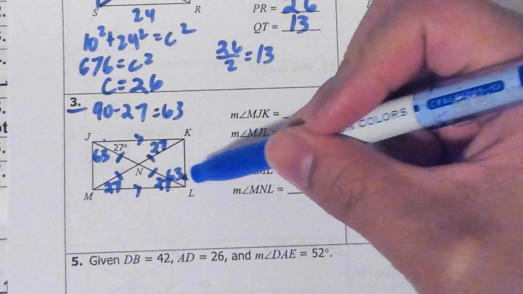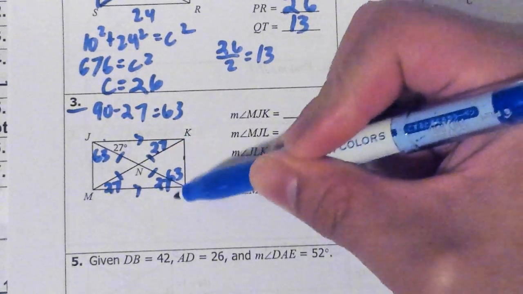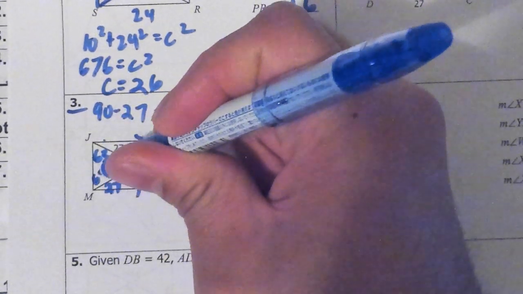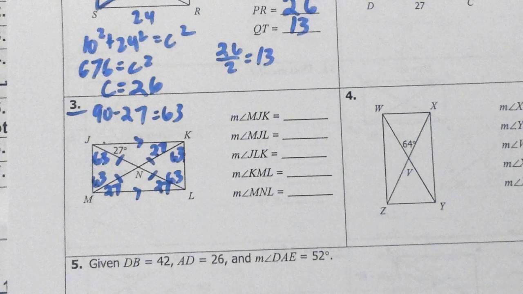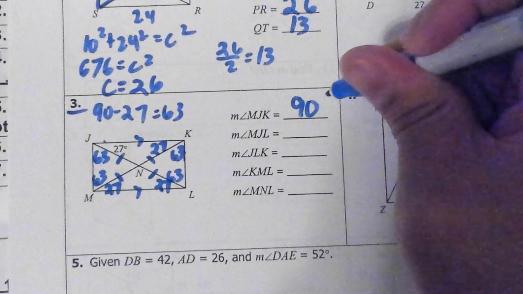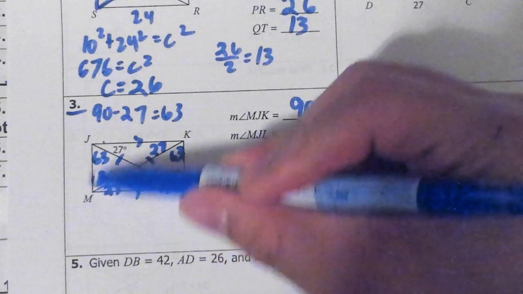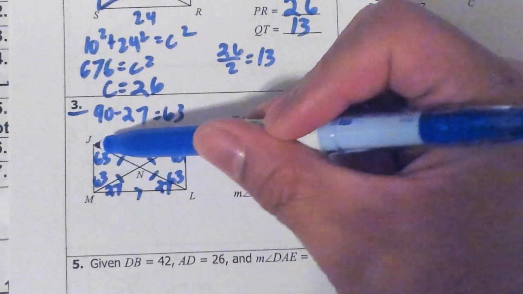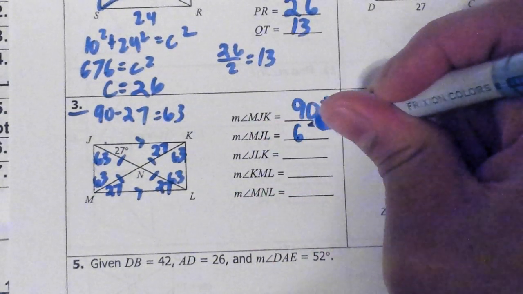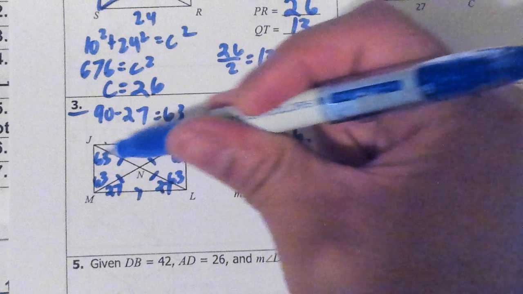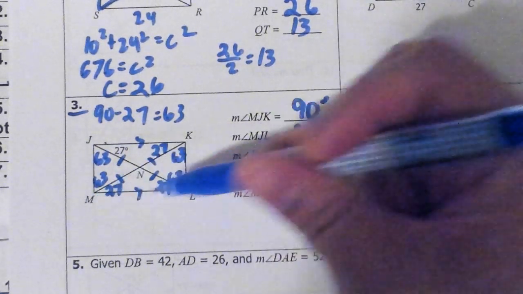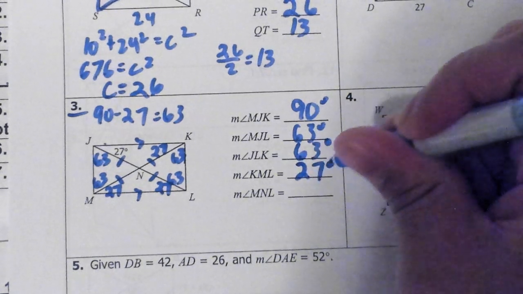And then same thing here, we have L and K is an isosceles triangle. 63, 63. 63 up here means 63 down there. So let me fill this in. MJK, that whole part is 90 degrees. MJL, which would be this corner right here, that's 63 degrees. JLK is 63 degrees. KML is 27 degrees.